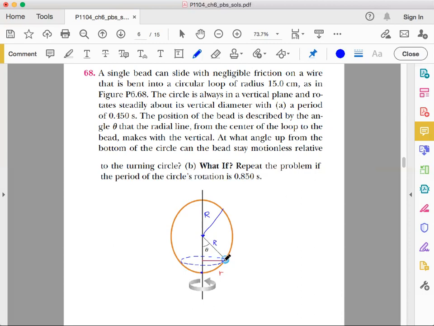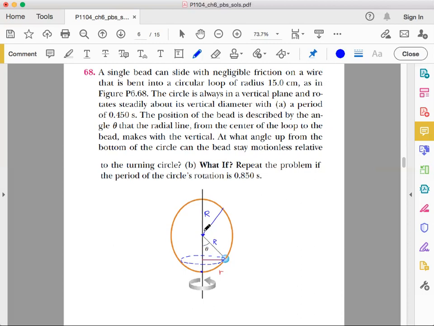If you look at this triangle, sine theta is equal to the opposite divided by the hypotenuse, so r over R. And from here we can deduce that the radius of the circle along which the bead is moving when this wire is turning is r = R sin theta.